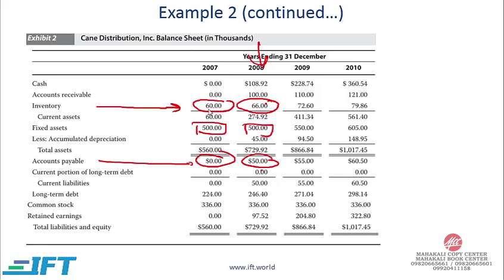Okay, so here again I missed something. We need to actually also add the accounts receivable, because that's also working capital. So your working capital is 100 plus 66 minus 50. That's the working capital at the end of 2008. And from that you take away the working capital at the end of 2007, and that will give you your change in working capital.